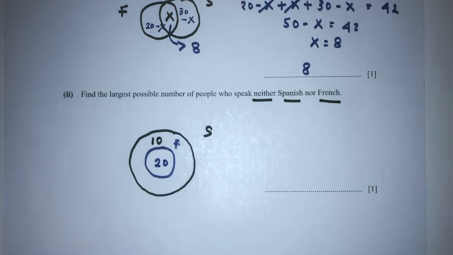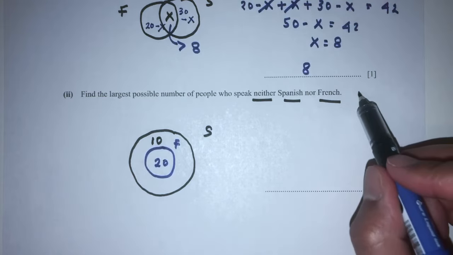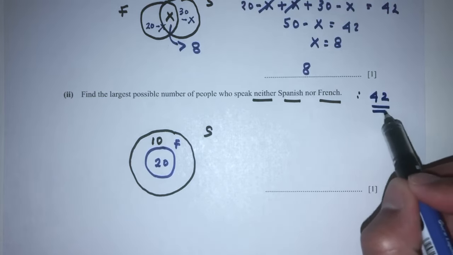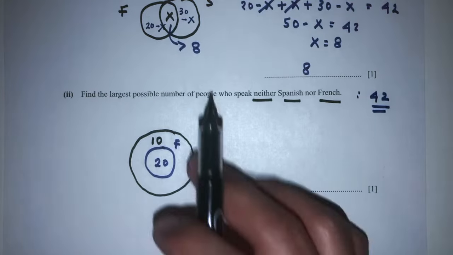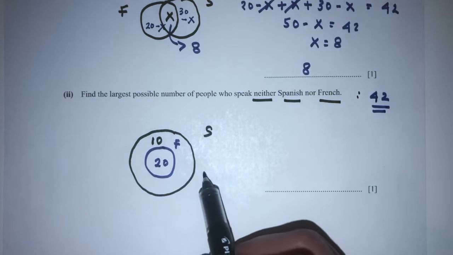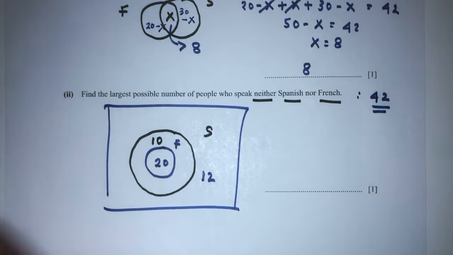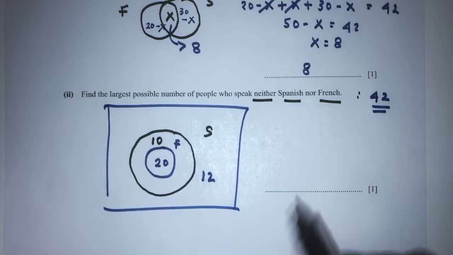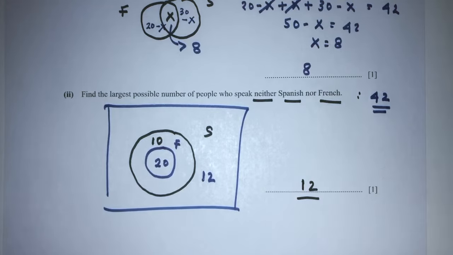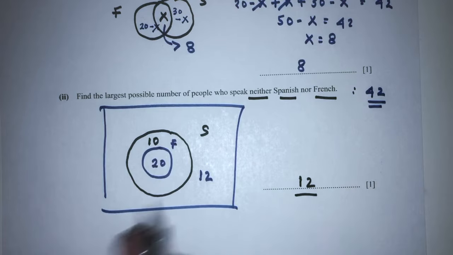Which means we know that we have 42 people in total, so outside of the set of both will be 42 minus 30, that should be 12. So your answer will be 12 people speak neither. That will be the largest possible number.